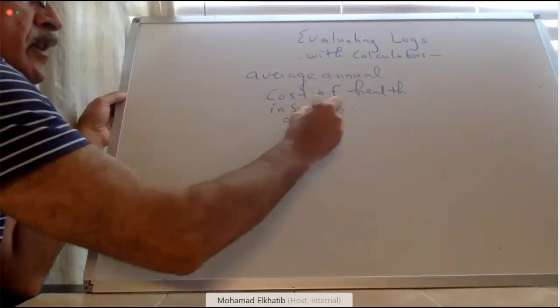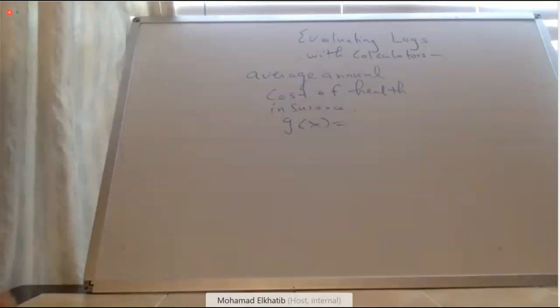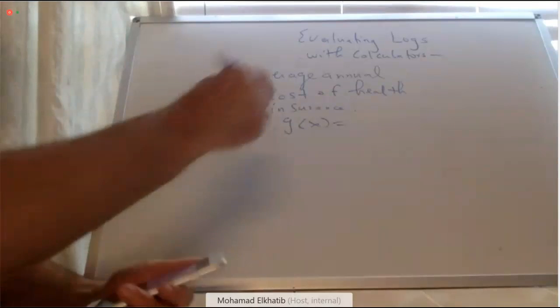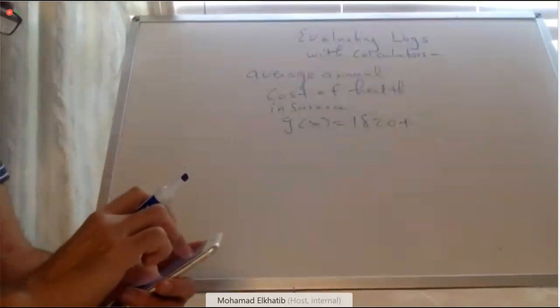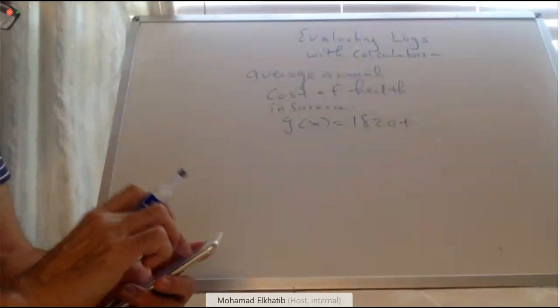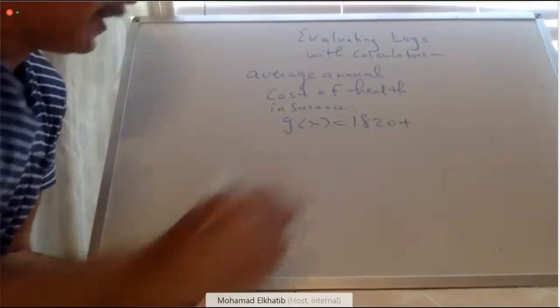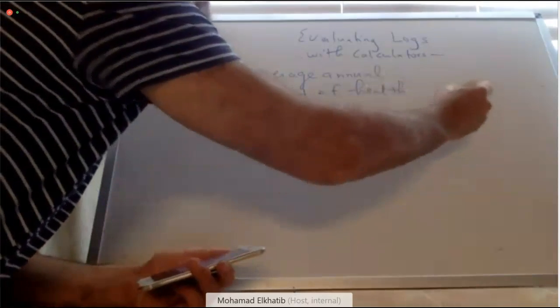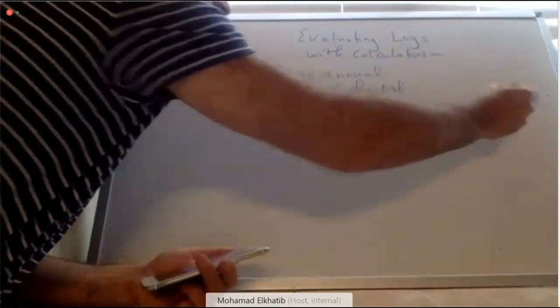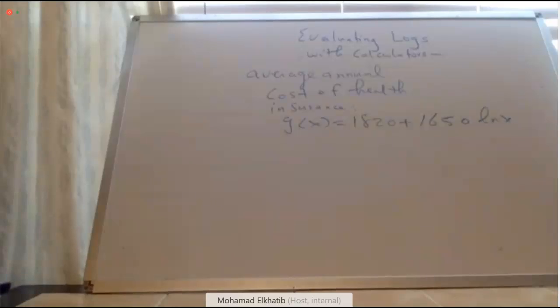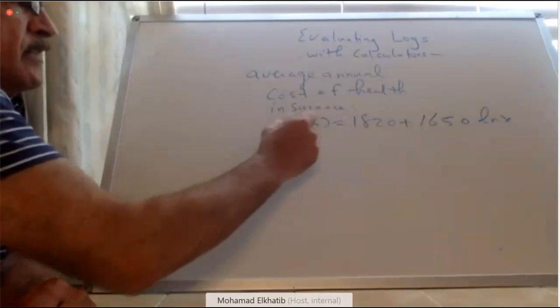Let's say G of X equals 1820 plus 1650 ln X. G of X is what?